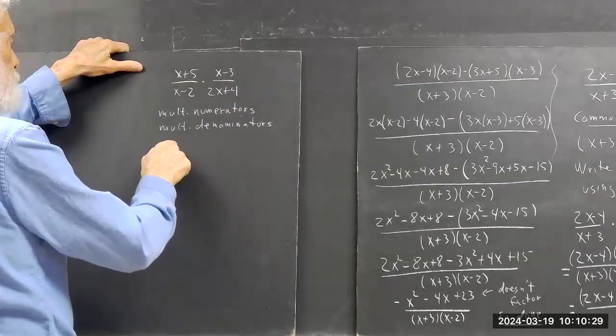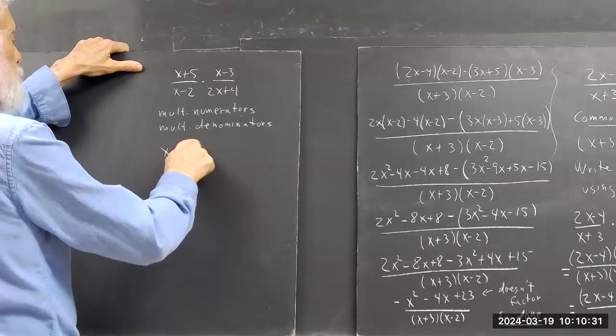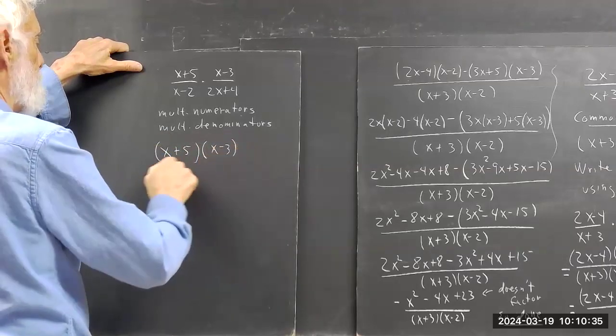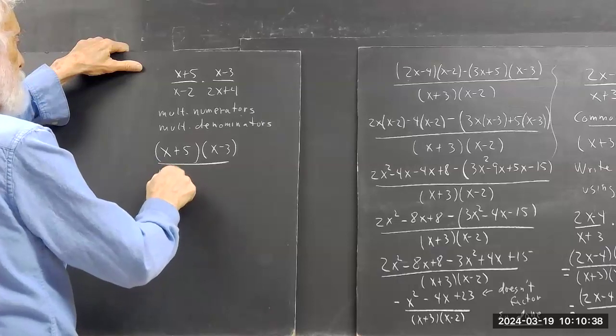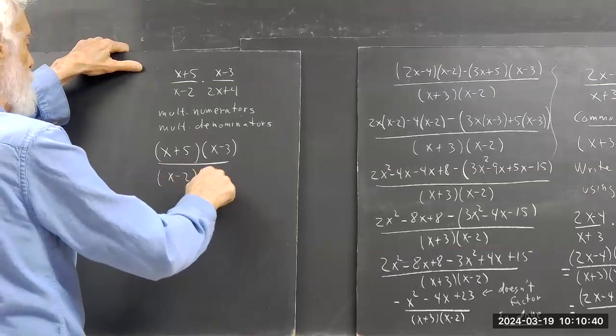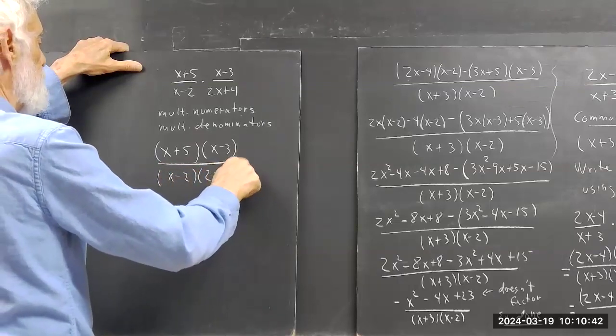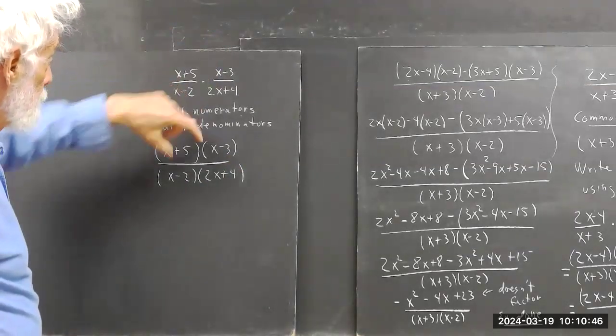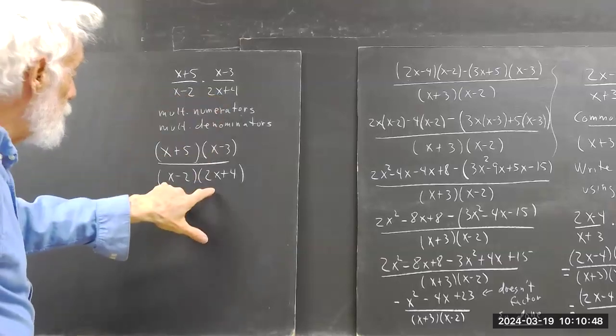So we have x plus 5 multiplied by x minus 3, divided by x minus 2 multiplied by 2x plus 4. Numerator times numerator, denominator times denominator.